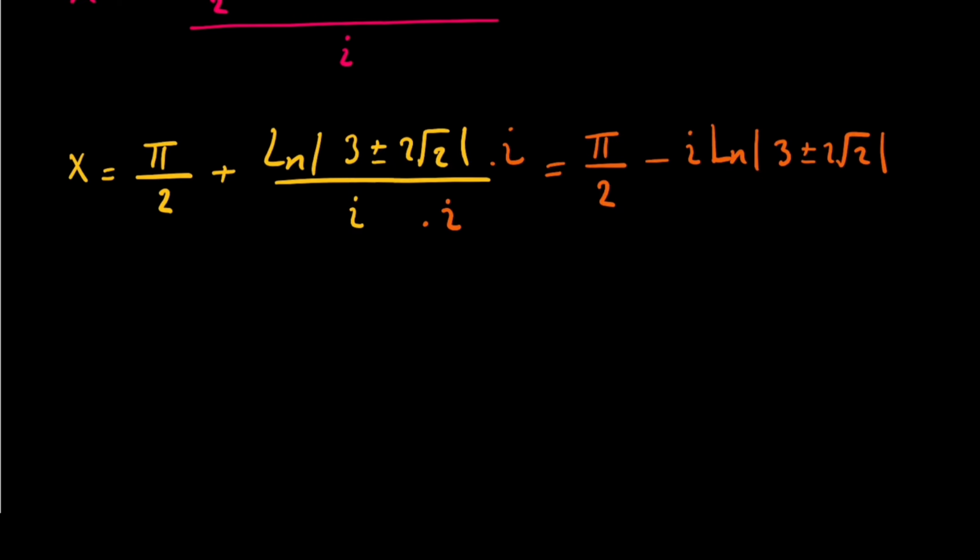What can I do? I can write x equals π divided by 2. How can I do this? I can put ± i ln of 3 plus 2√2.